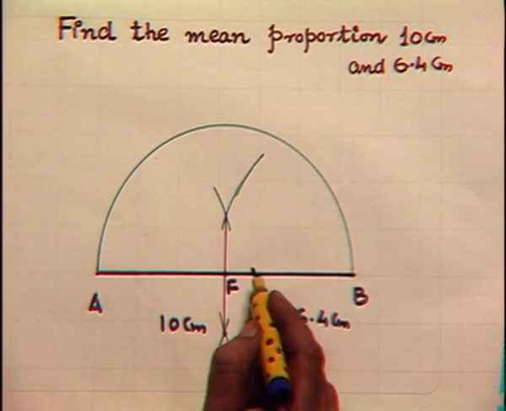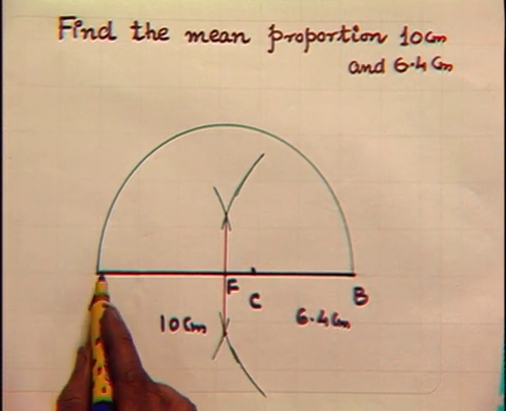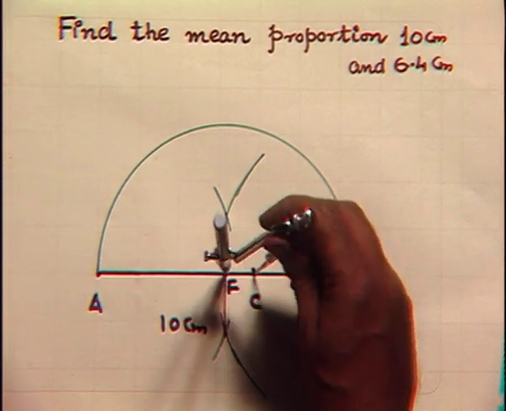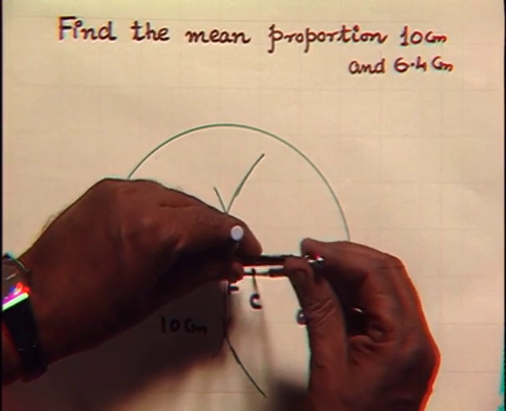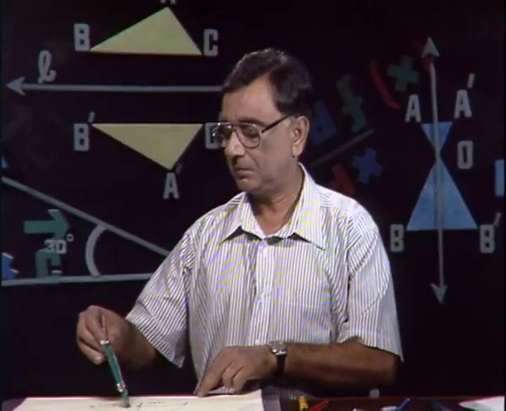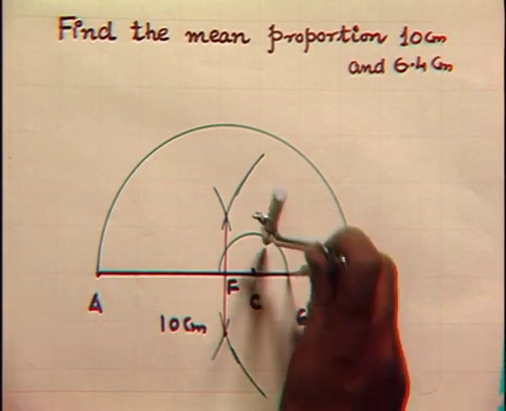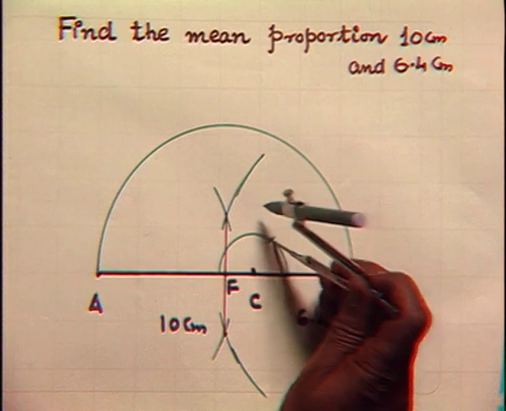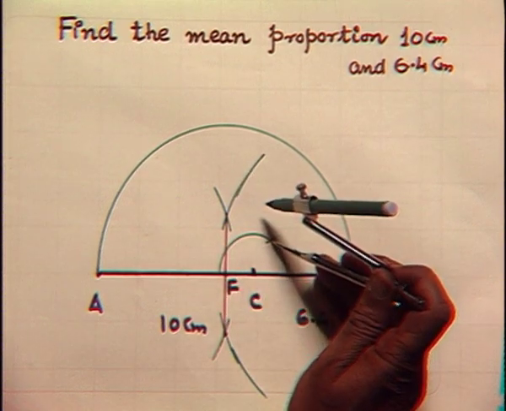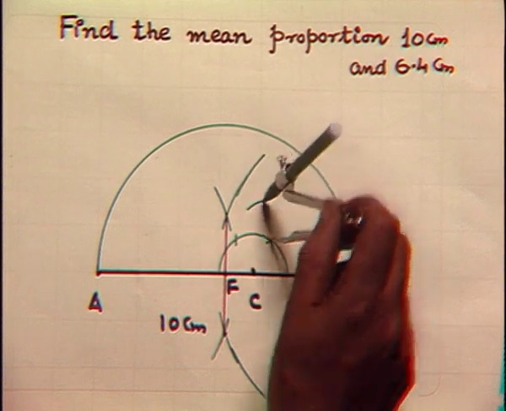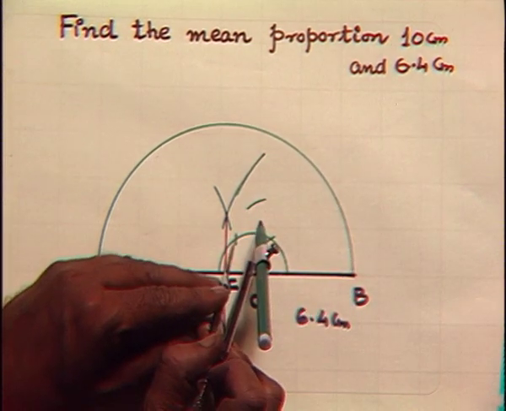And at the point C, which is at a distance of 10 centimeters from the point A, we will draw a right angle. 60, that is 120, and bisecting 60 and 120 we get an angle of 90 degrees.